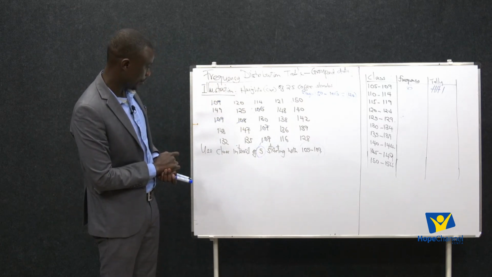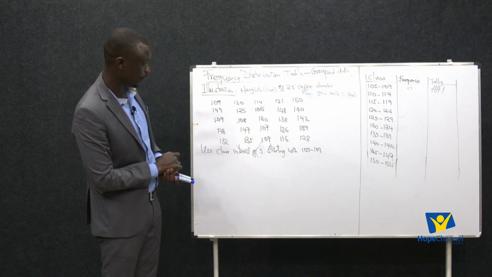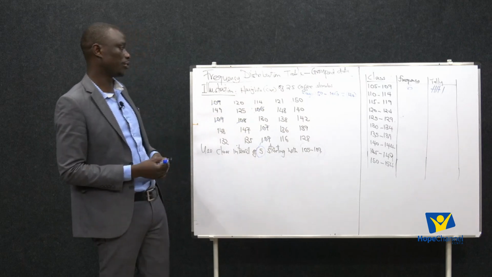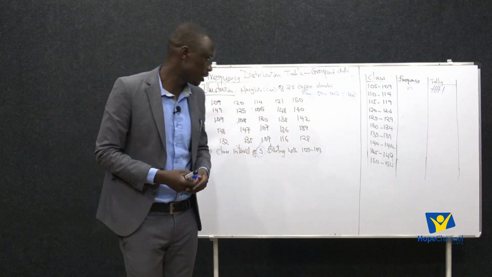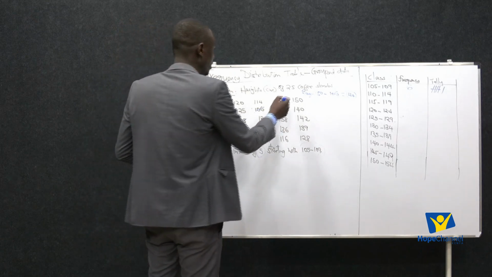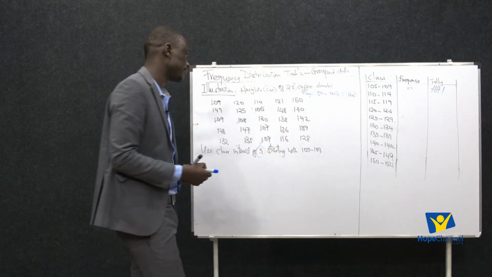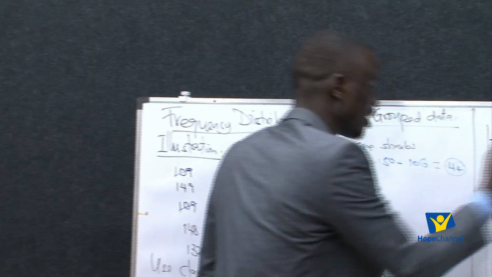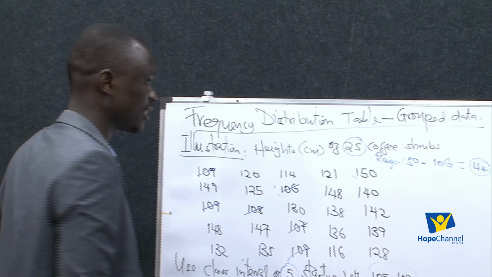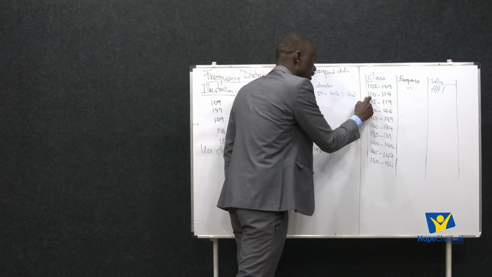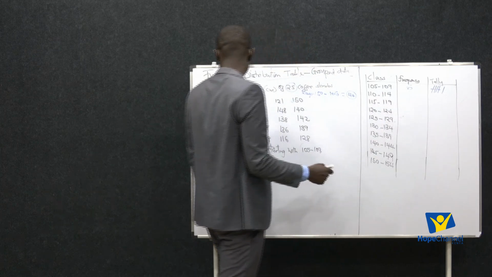But there's also another thing that we call counter checking at the end. If you miss any, we will also see it as we continue, because the guiding figure here is 25.